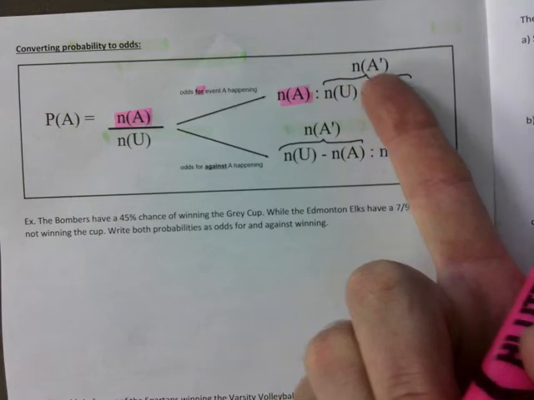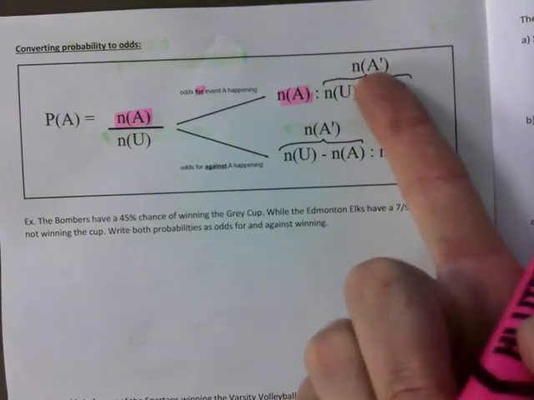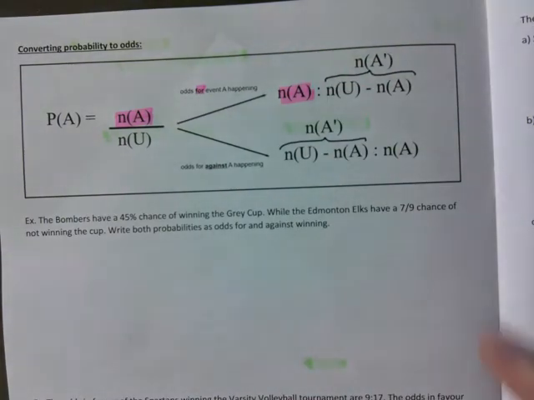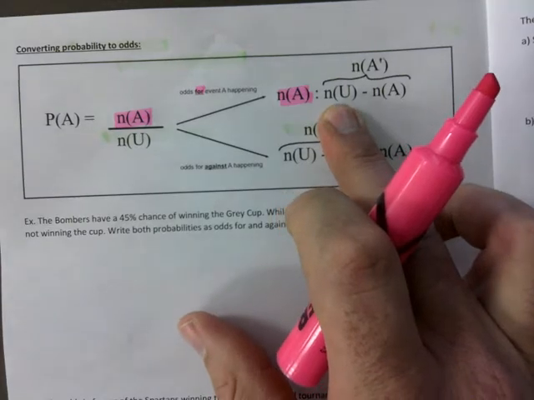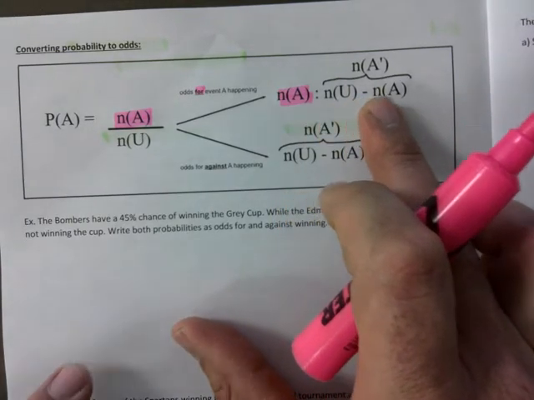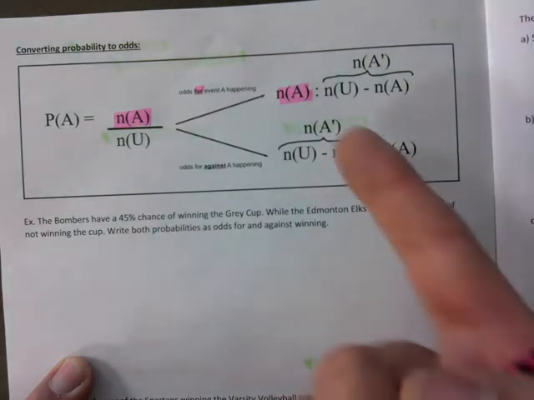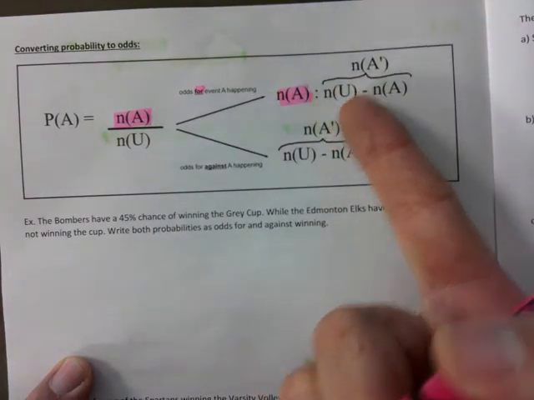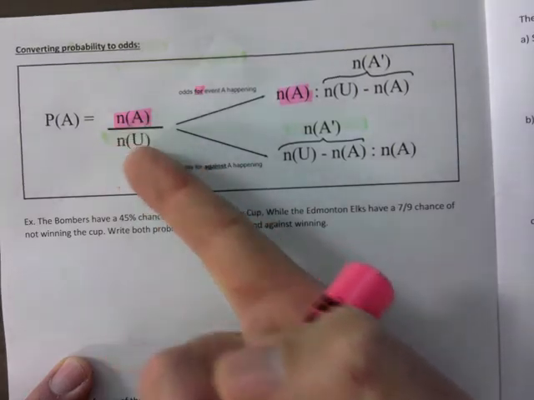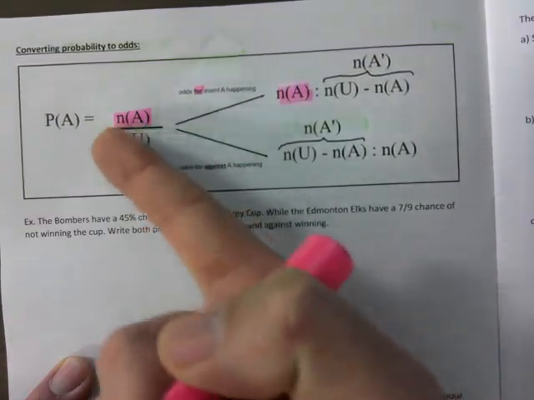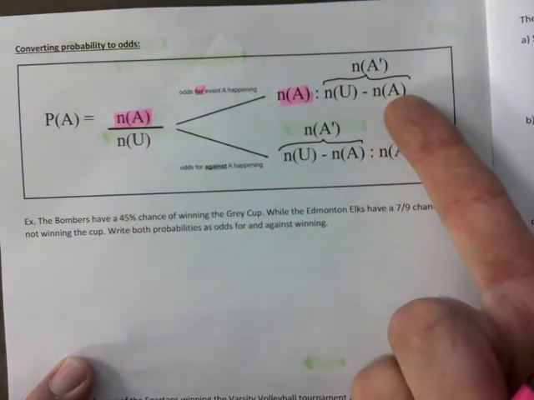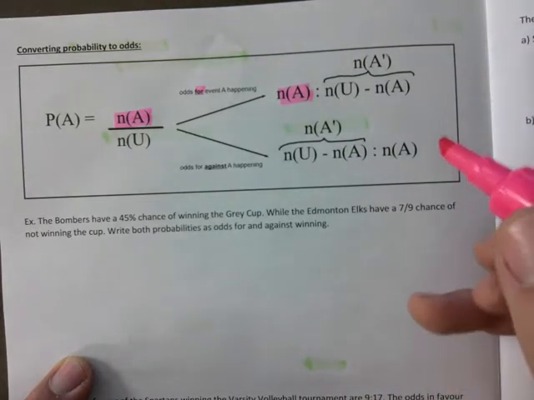And we need to figure out the number of outcomes where that's not going to happen. So what do I do there? I go universal minus A, right? I take the universal, which remember, this is my universal here. All the possible outcomes minus A. So that's where that goes.